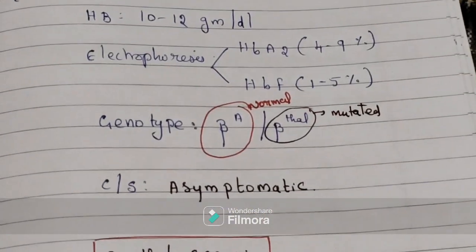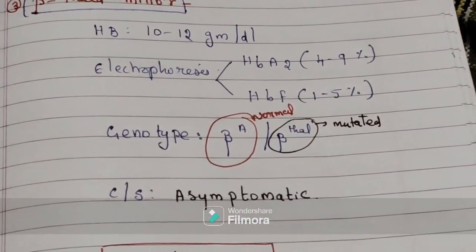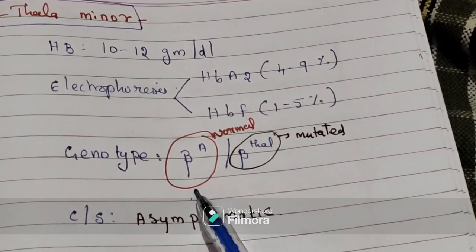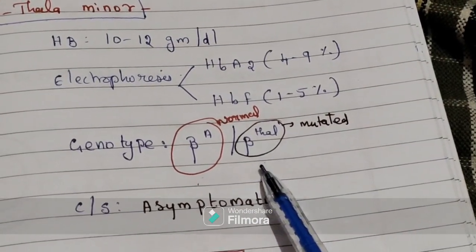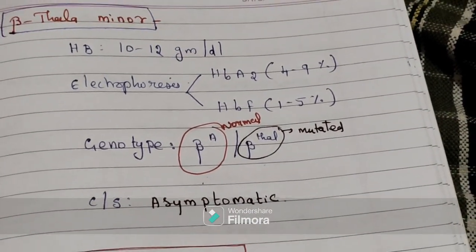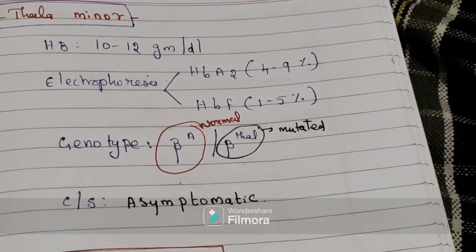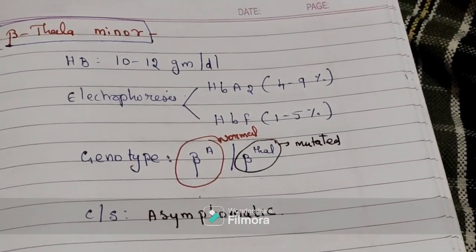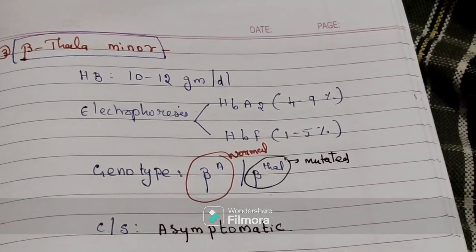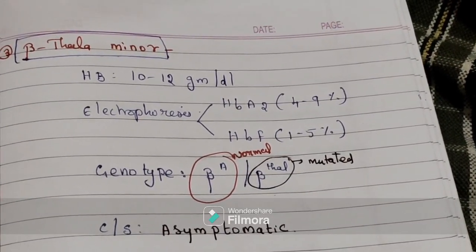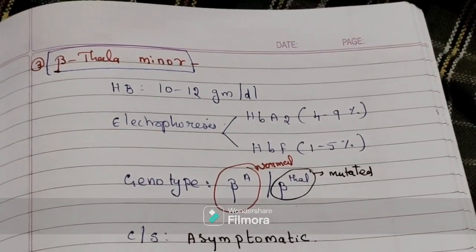Minor patients are usually asymptomatic. One gene is normal, one gene is mutated. So HbA2 is 4 to 9 percent and HbF is 1 to 5 percent, and the major Hb is still HbA. So they are usually asymptomatic. That is the third type of beta thalassemia.